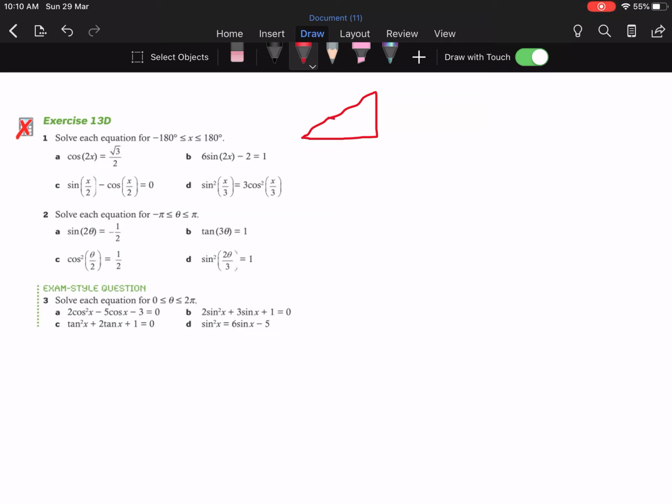So if I put 30 there and I put 60 there, then 30 is 1, 2, root 3. So I can see I've got root 3 and I've got 2. And it's cos, so cos is adjacent over hypotenuse. So it's root 3 over 2, which is 30.